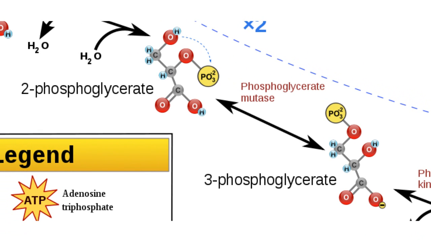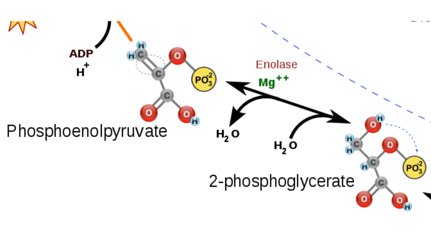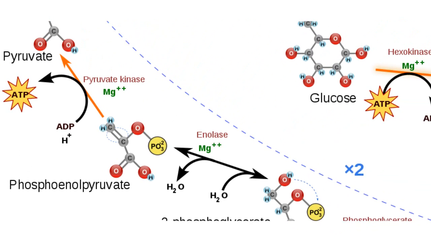Next, phosphoglyceromutase relocates the remaining phosphate group to form 2-phosphoglycerate. Now enolase results in the formation of a double bond by extracting a water molecule, yielding phosphoenolpyruvate. This causes the phosphate bond to become highly unstable, ideal for the next step.